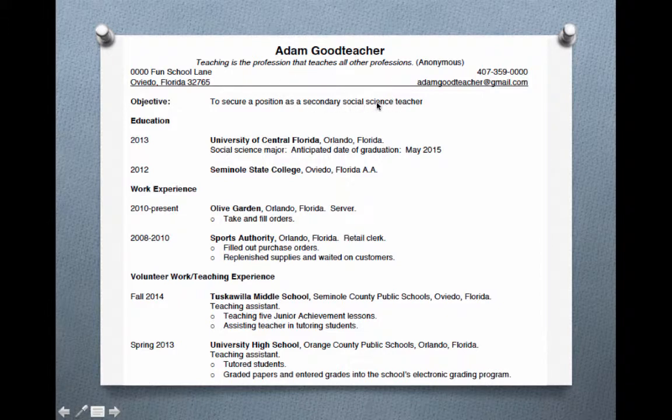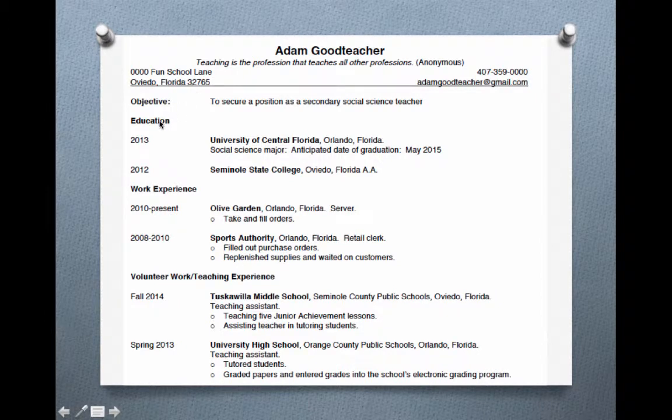If you are seeking a position at an elementary school, do not include the grade level, as in, quote, to secure a position as a third grade teacher. If you are that specific and a third grade position is not available, you will not be contacted for an interview. Simply state to secure a position as an elementary school teacher.